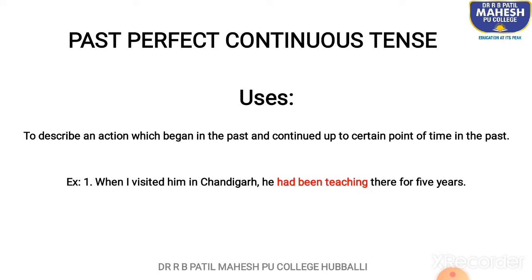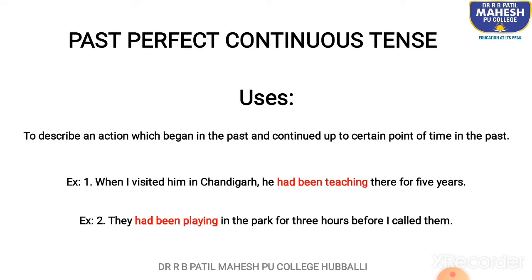So this speaks about an action which began in the past and continued to a certain point of time. He had been teaching. This is past perfect continuous tense. Past perfect, so had to be used, and continuous tense, that is why been teaching. Okay, so that makes it clear here.